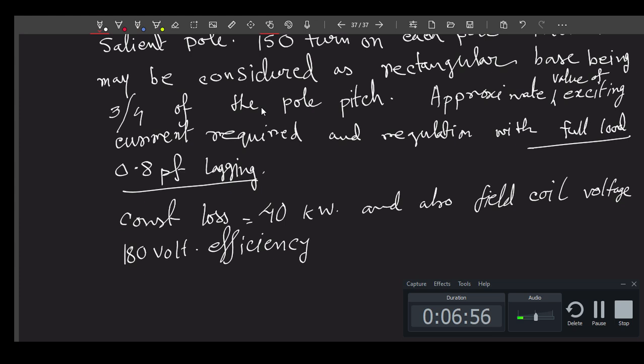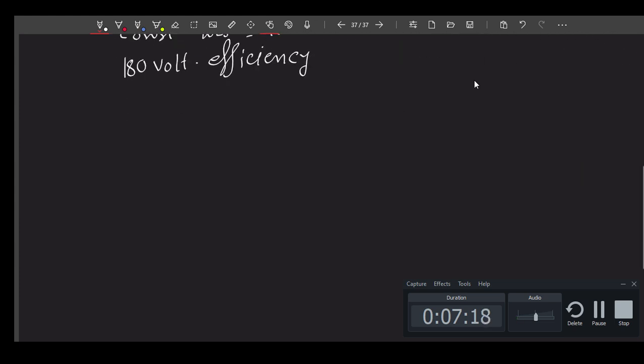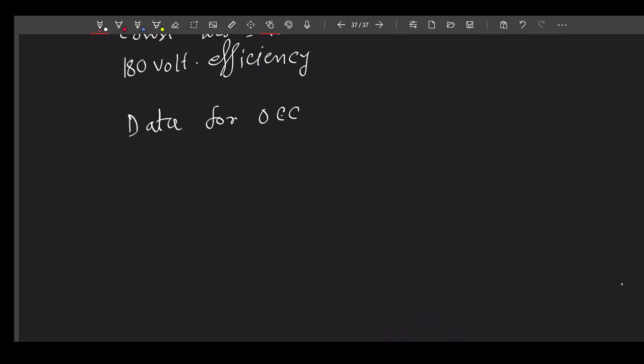So from that you can figure out the amount of power you are actually applying to produce your field coil. Now the data for OCC are like this.